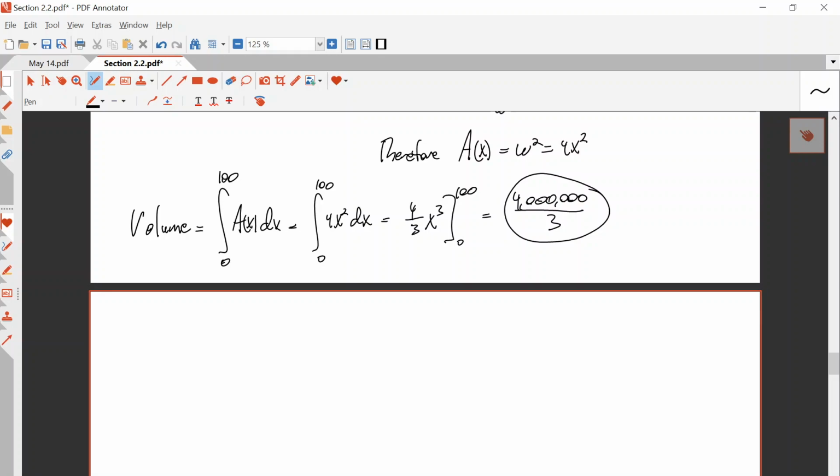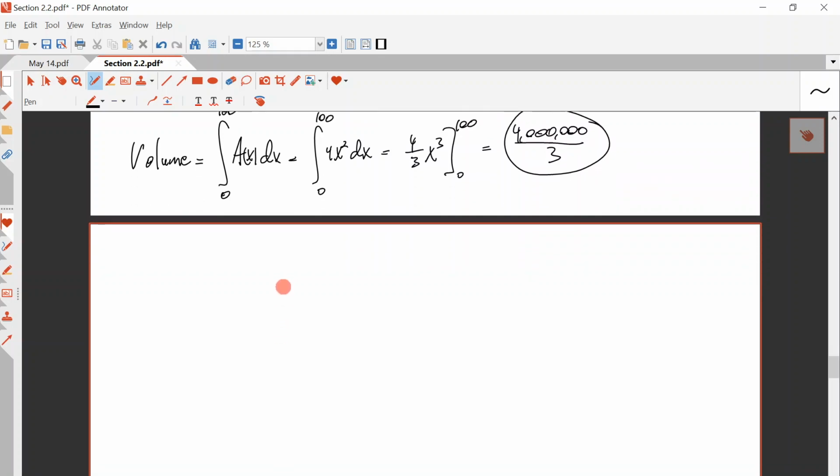All right. So the next situation is solids of revolution. Well, solids obtained by revolution, not solids that revolt. So the basic setup is this.